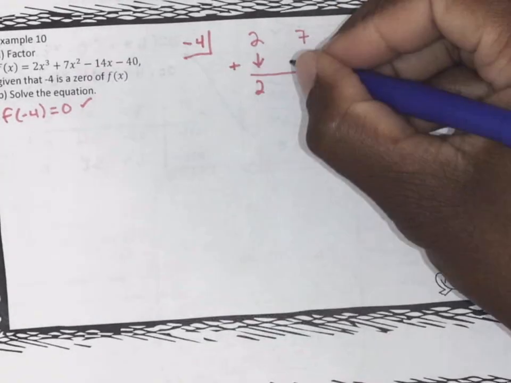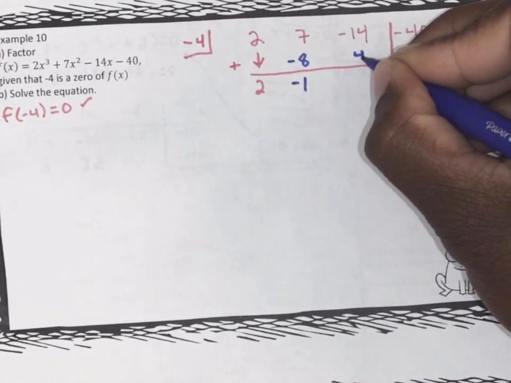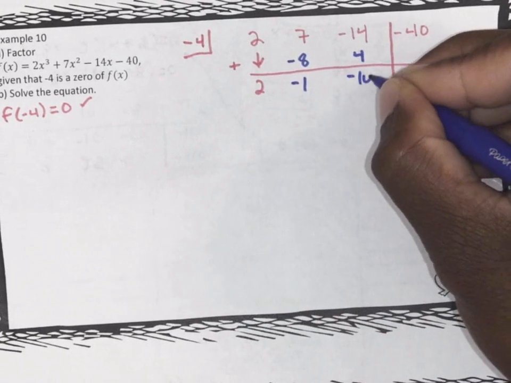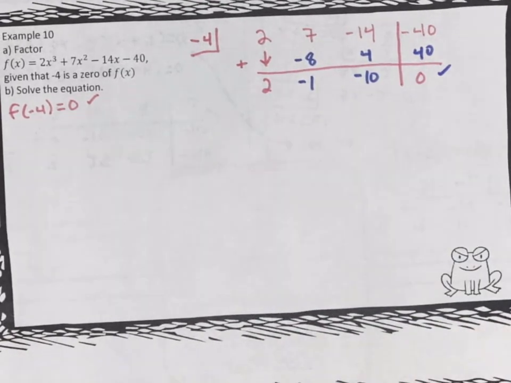So next number, negative 8, 1, 4, negative 10, 40. Sure enough, we got 0.